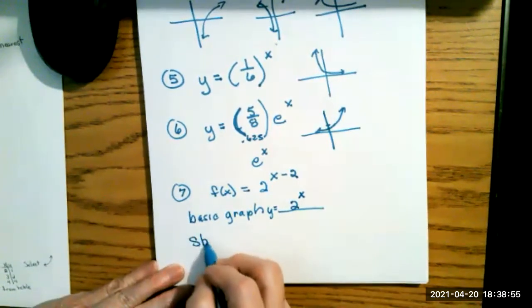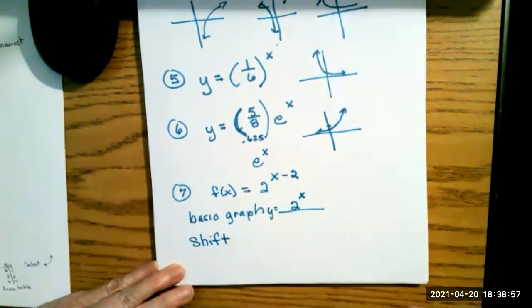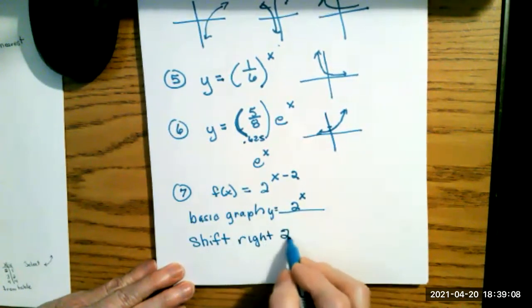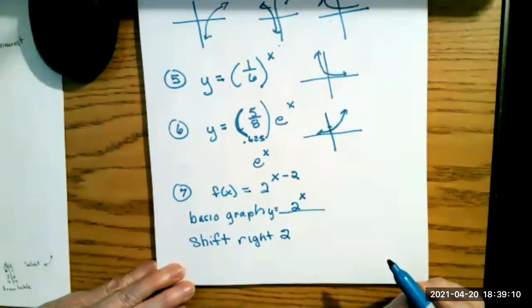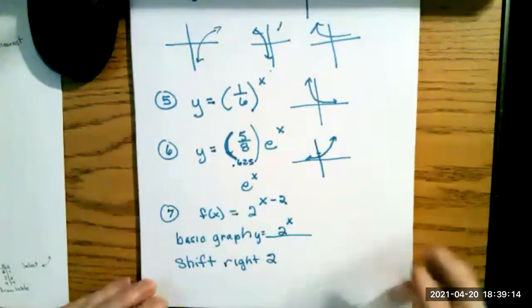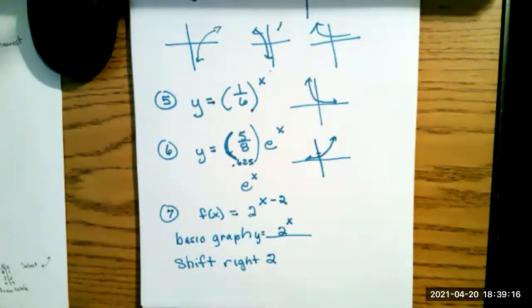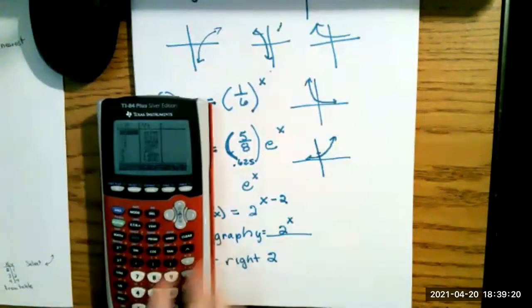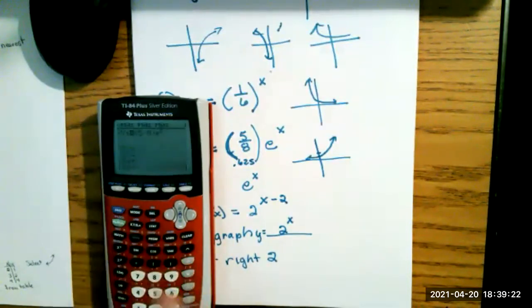Then you write the shift. What will this one do? Right 2. Right 2. Now let's look at it on the table and see what this looks like when we put it in to graph it. And there is a multiple choice graph for you to choose from.